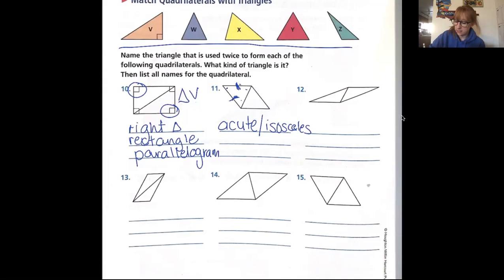So if these two side lengths are the same, these two side lengths must be the same, which means that all four of our sides are the same length, meaning that we have a parallelogram with our two pairs of opposite sides that are parallel, and we have a rhombus. It's a parallelogram and rhombus.